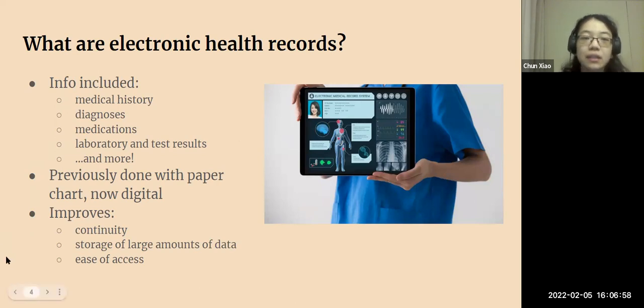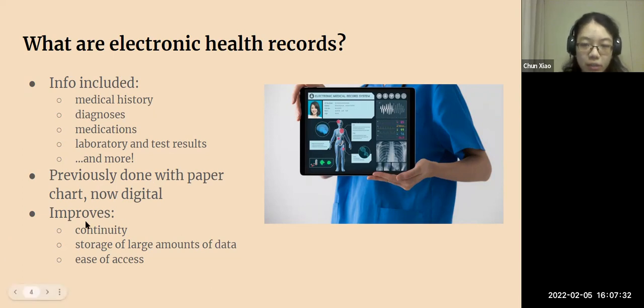Information included in the electronic health record are a patient's medical history, their diagnoses, medications, laboratory and test results, and a lot more. Previously, this was done with a paper chart, but in recent years, it has become much more common to adopt electronic health records. By now, about 90% of all healthcare services have electronic health records instead of paper.